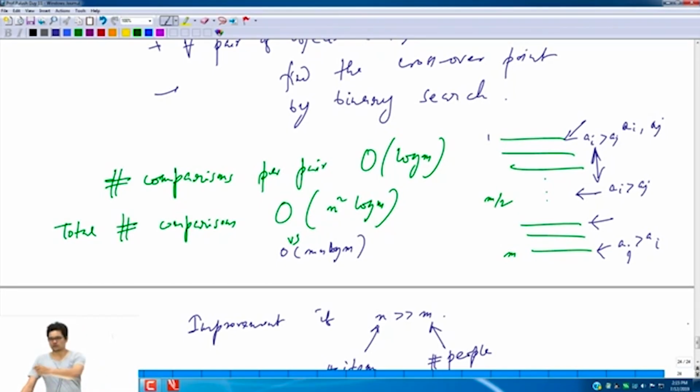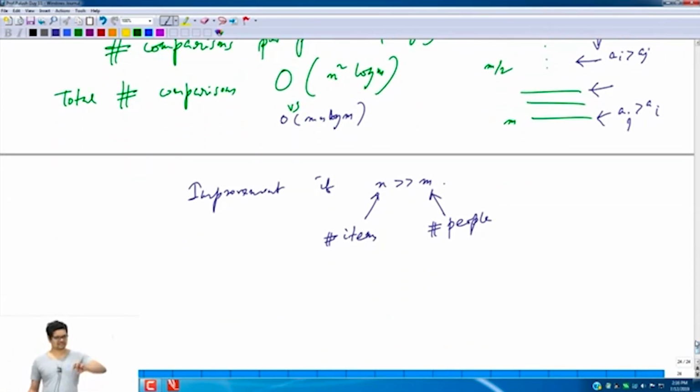For example, I ask a query to the m by 2th person, then the next queries go elsewhere, and after AI AJ is over, maybe for some other pair the same person gets asked again, and so on. So it's more like random access memory, where we can access any part of the memory. It's not sequential access. In some applications, we may want these queries to be asked sequentially. So whatever queries you want to ask, you ask one person at a time. You don't bother her repeatedly.